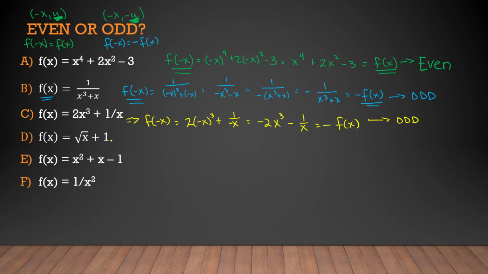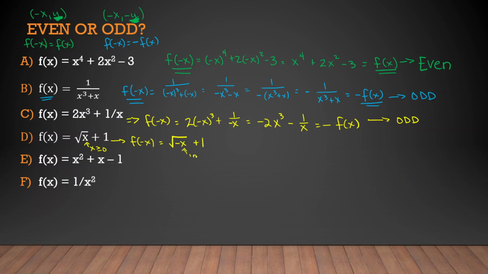Okay. Now in this case, if I find f of negative x, I'm going to end up with the square root of negative x plus 1. Now, this one has a domain of x greater than or equal to 0. So that's the only values I can talk about. So if I'm using a negative x, that's going to make it a negative number.